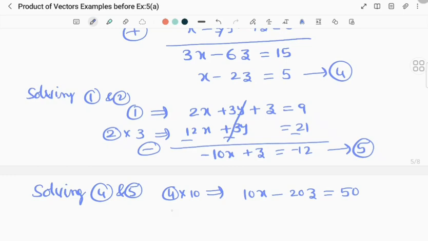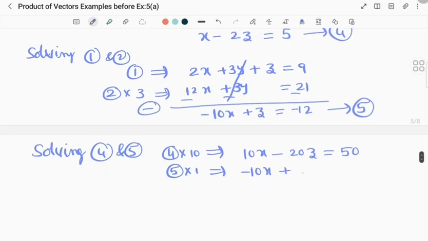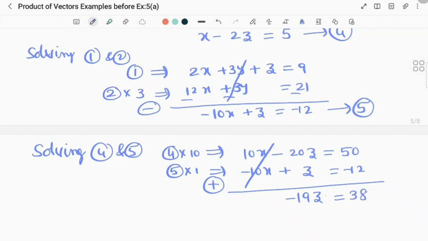So next equation 5 as it is, so minus 10x plus z equal to minus 12. We are adding both the equations. Minus 19z is equal to 38. So z value, 19 2s are, so minus is there, minus 2.